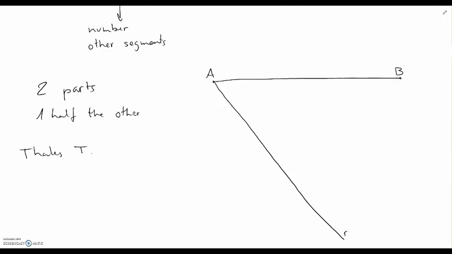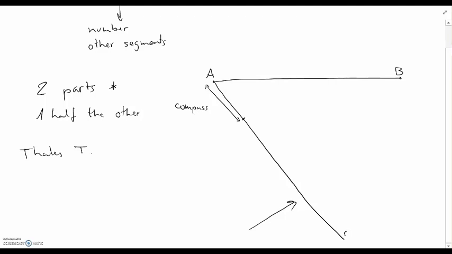As we want two parts, one half the other or one double the other, on this line we need two measurements. One of them is going to be half the other, that's all. So I use this distance, which can be whatever, with the compass.